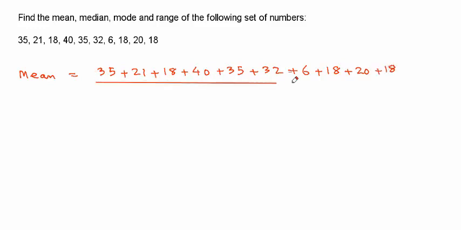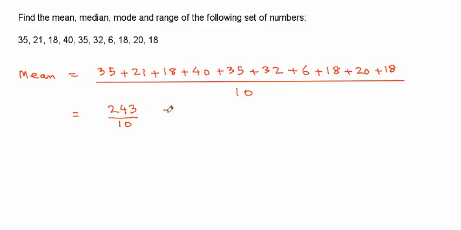And divide that sum by 1, 2, 3, 4, 5, 6, 7, 8, 9, 10. And that's equal to 243 divided by 10. So the mean is 24.3.